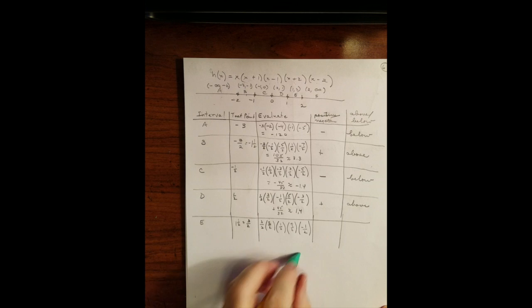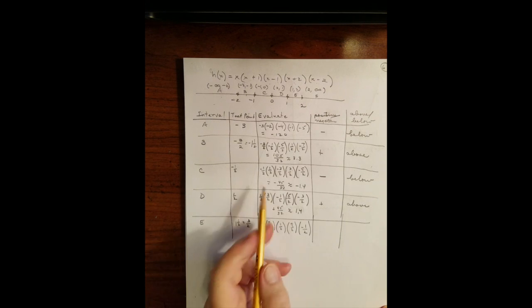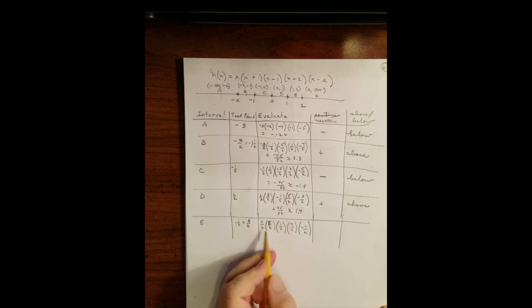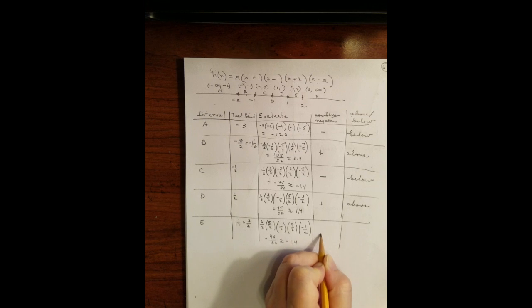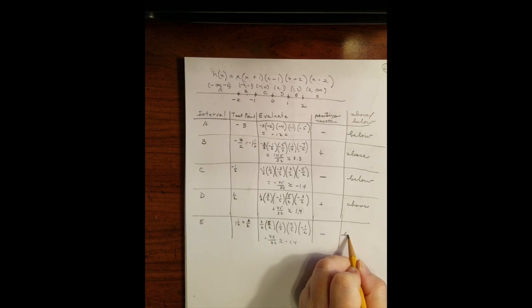And so if we multiply all those out, we should get the same number that we have up here, but this will be negative, or approximately negative 1.4, so that's negative. So our graph is below the x-axis.